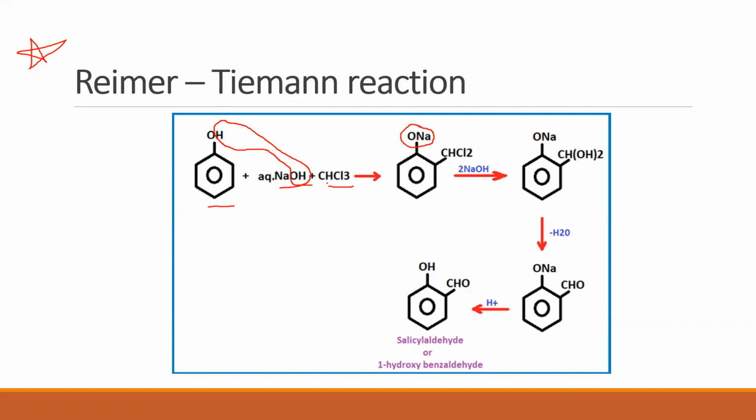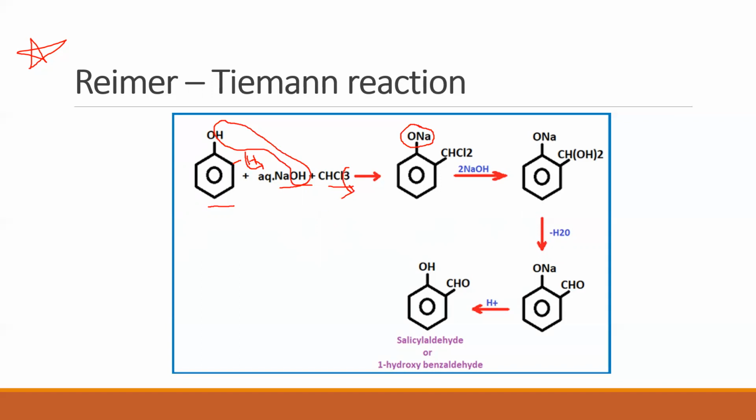Then coming to chloroform, CHCl3. What will CHCl3 do? Now, we have seen that the ortho hydrogen here can be removed easily during electrophilic substitution reaction. So what will happen with chloroform is, this hydrogen takes away one of the chlorine atoms to go out as HCl.